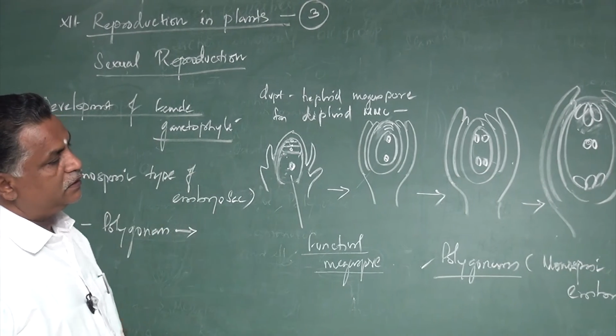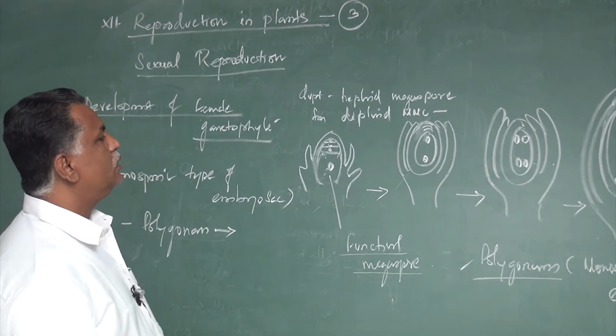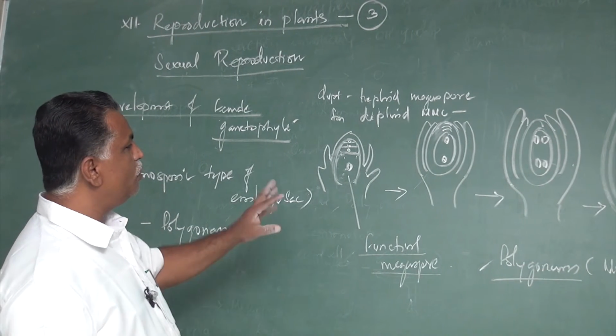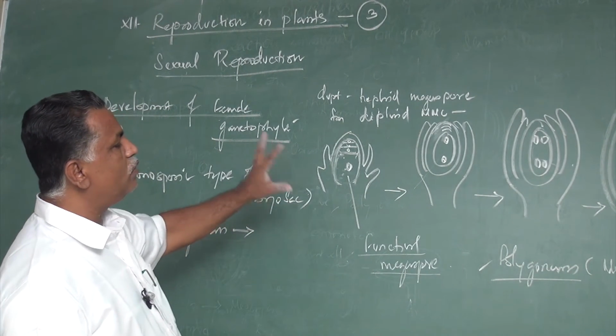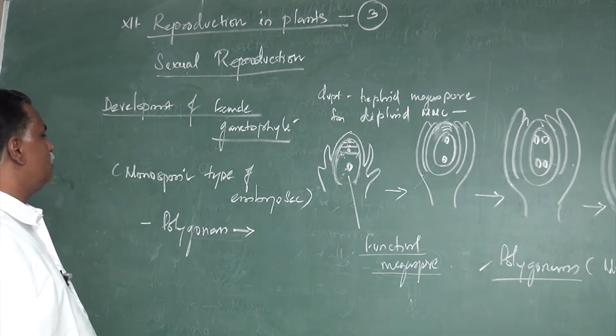The reason is that only one functional megaspore is involved in the development of the female gametophyte.